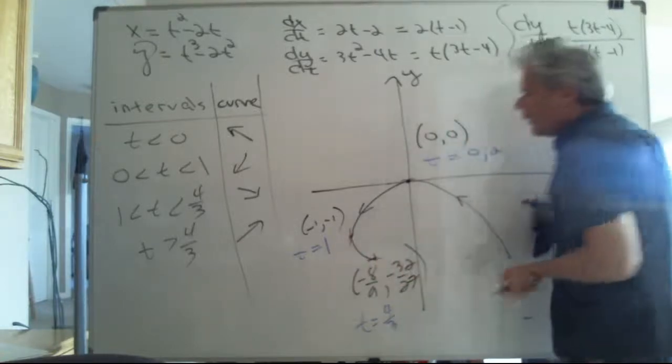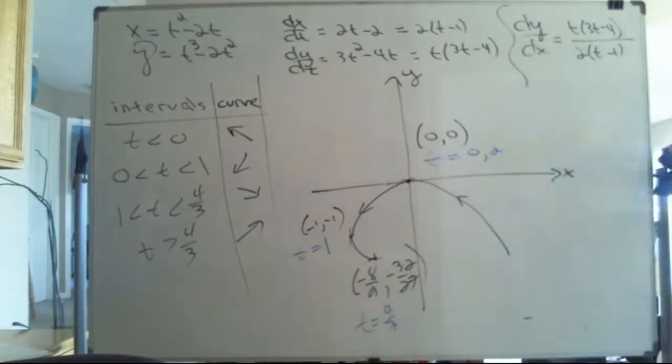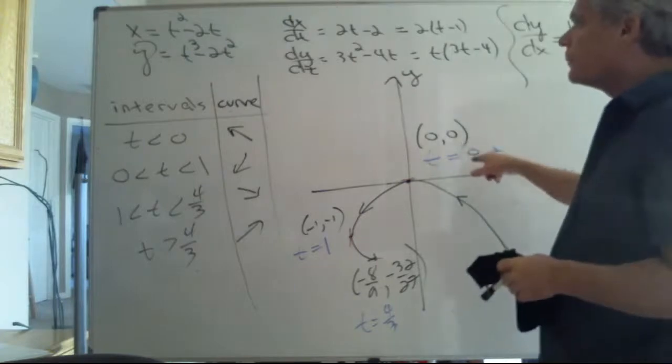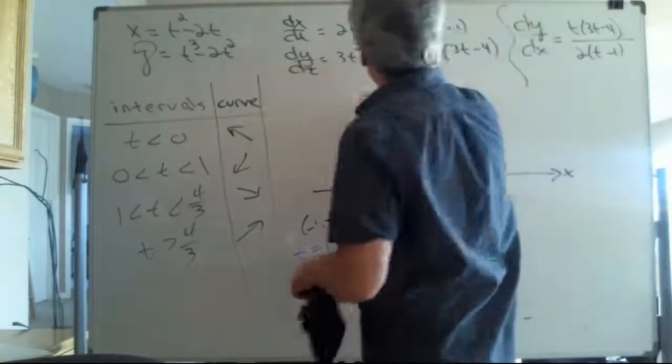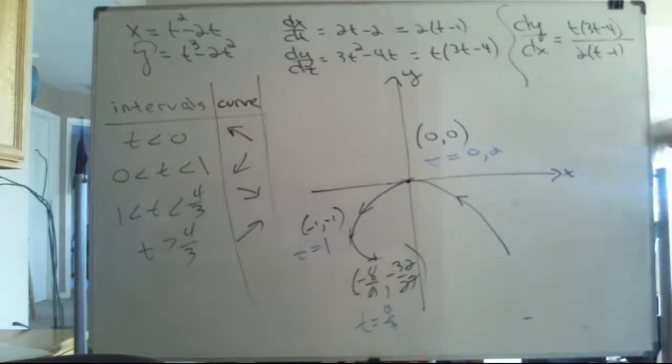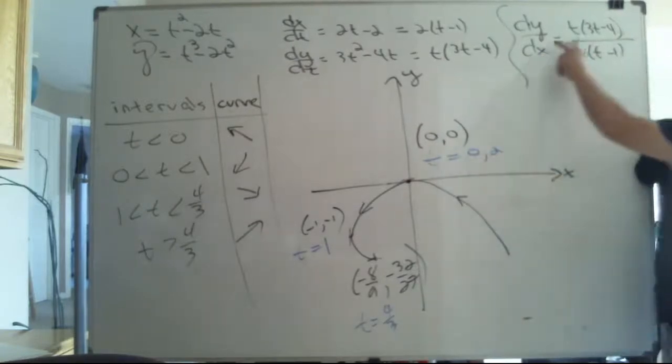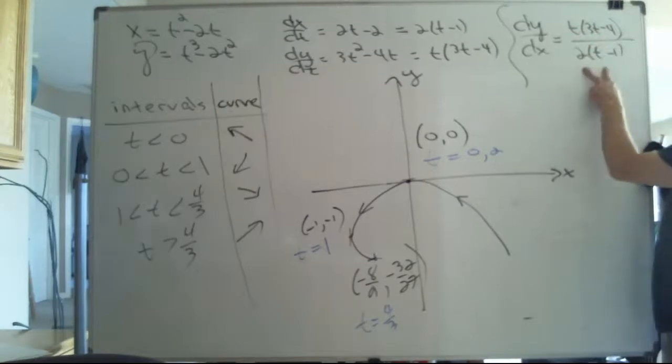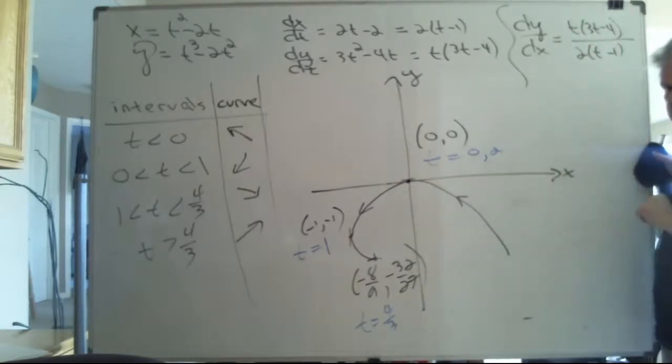Okay, so let's hold on for just a second. Because when t is equal to 0 and t is equal to 2, I pass through this point. 0 is a 0 only of the numerator of dy/dx, not its denominator. That's why the tangent line is horizontal.